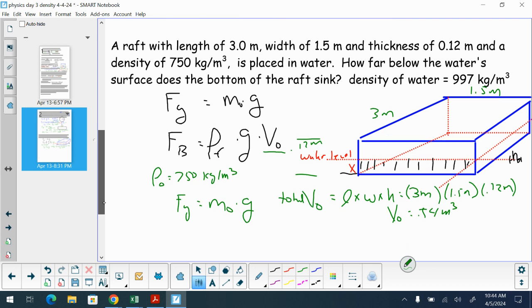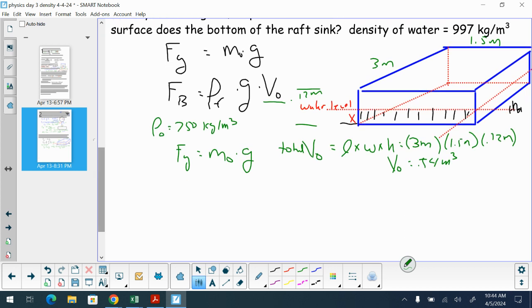All right, so once we find the volume of this object, we know the density of this object. Our mass of the object is our density of the object times the volume of the object. 750 times 0.54. The meter cubed will cancel out. So what do we get for the mass of this object, Jacob? 1388.9.